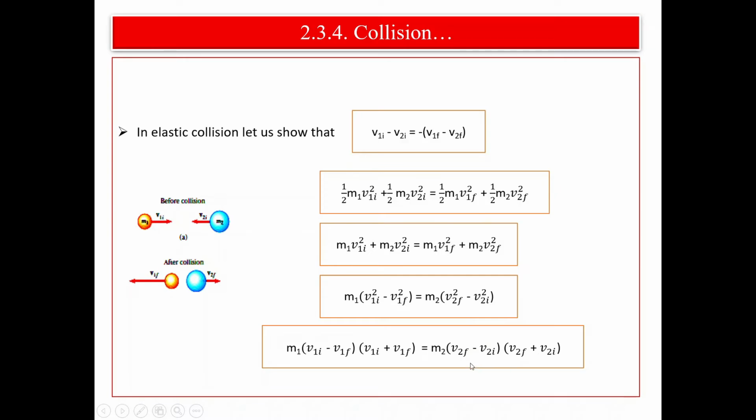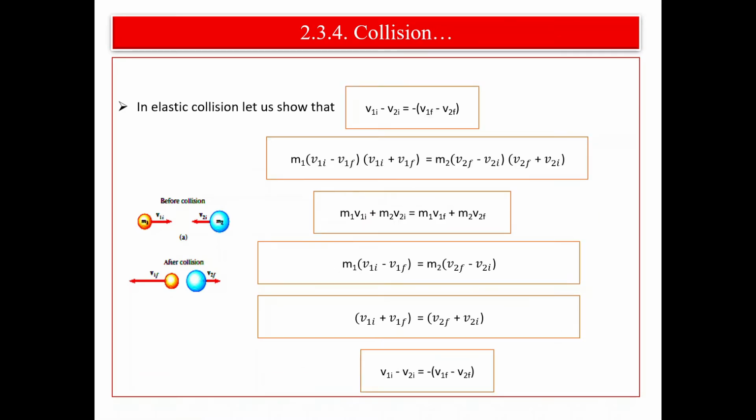After this, we remember that momentum is conserved in such cases. So m1 v1 initial plus m2 v2 initial is equal to m1 v1 final plus m2 v2 final.